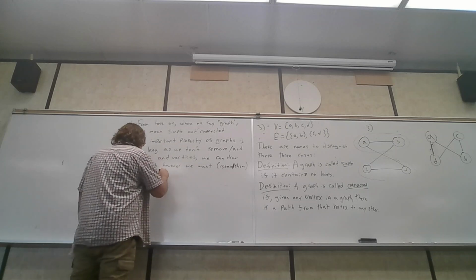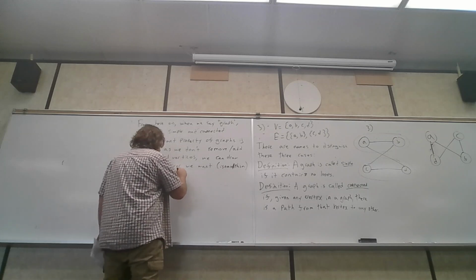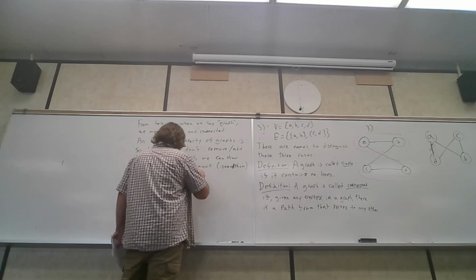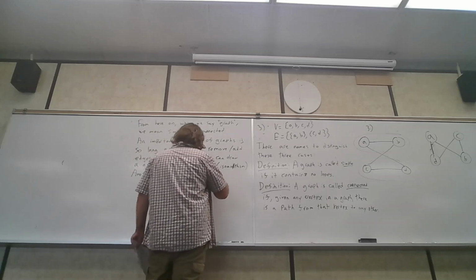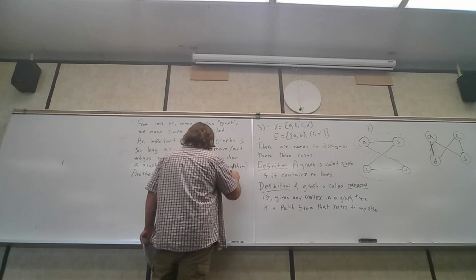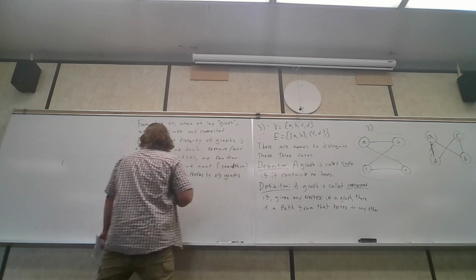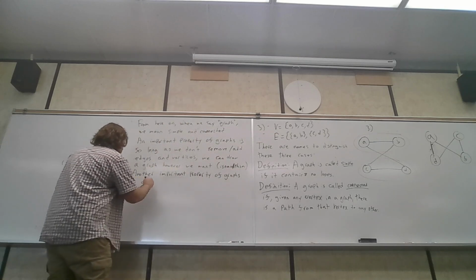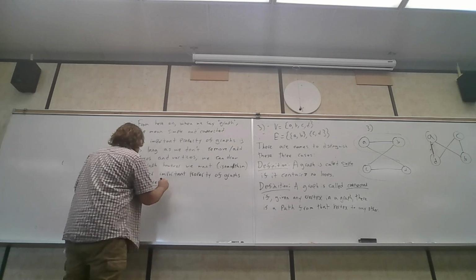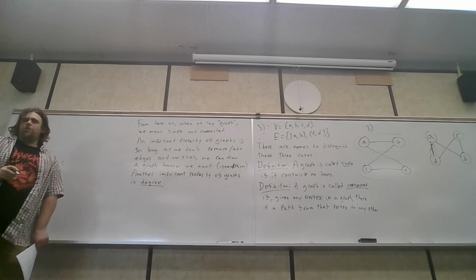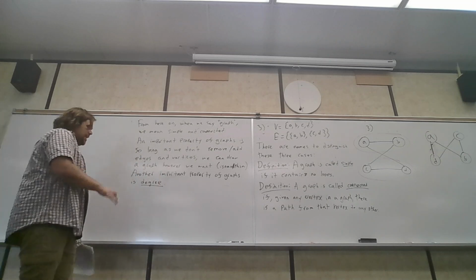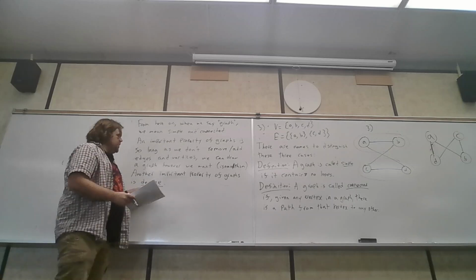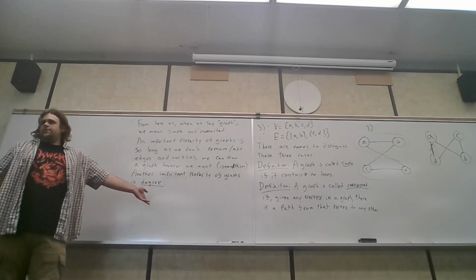Another important property of graphs is degree. Again, it's funny that we use some words that scare students in math, but this one is actually not that bad. Degree is just the number of edges that stick out of a vertex.